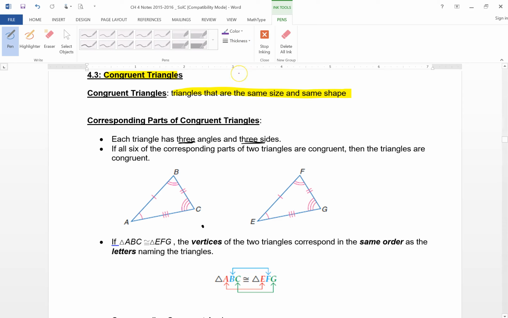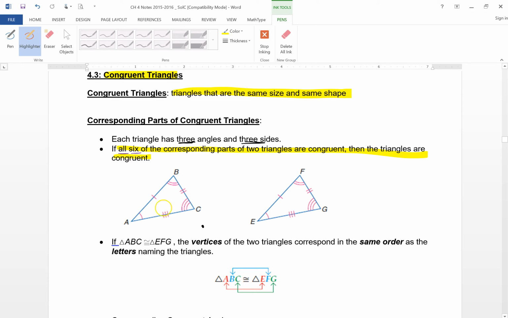Also, if all 6 of the corresponding parts of 2 triangles are congruent, then the triangles are congruent. So this is important. This is the big deal of this lesson. So how do you know that 2 triangles are congruent? Well, all 3 angles of one triangle have to be congruent to all 3 angles of another triangle.